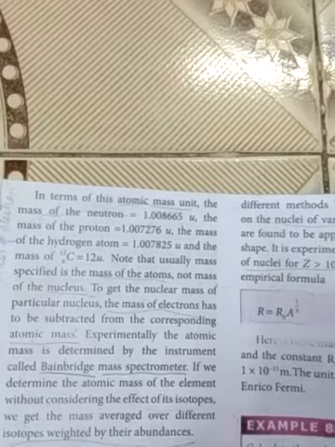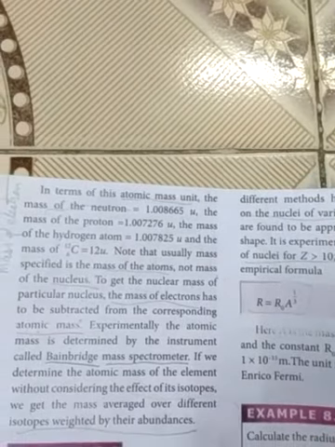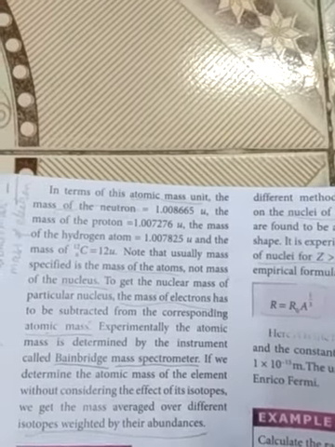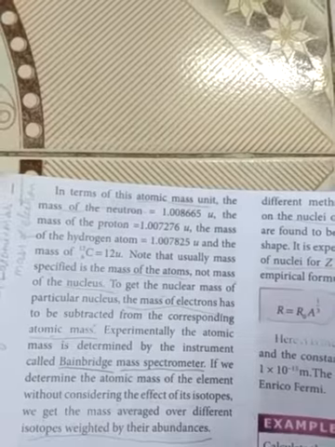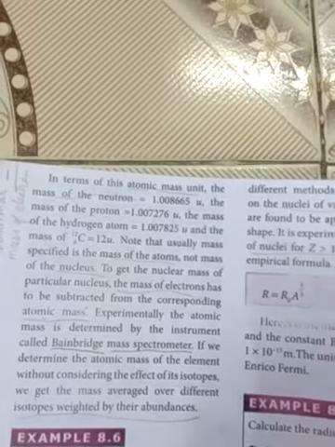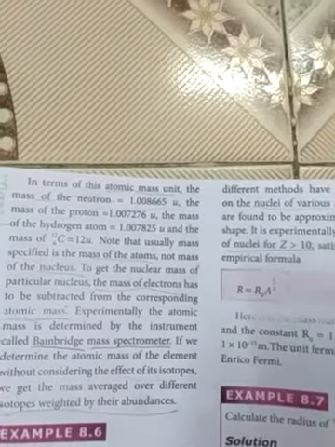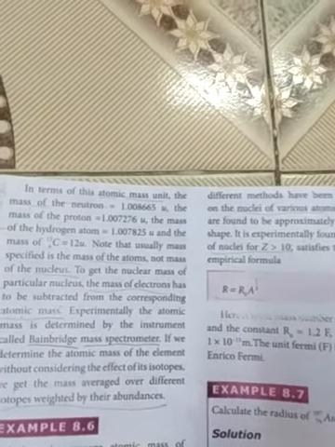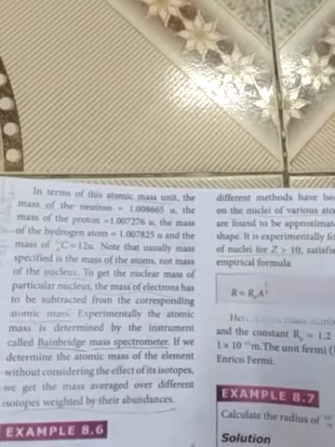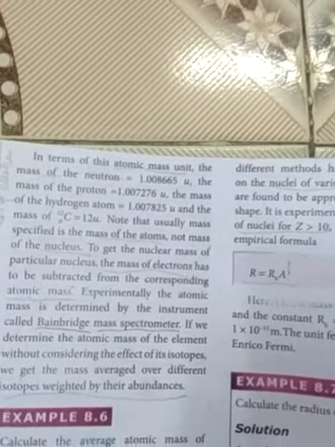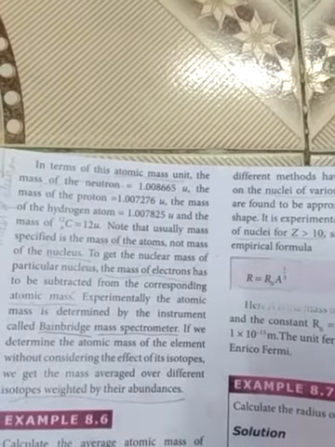Note that the usually specified mass is the mass of the atoms, not the mass of the nucleus. To get the nuclear mass of a particular nucleus, the mass of the electrons has to be subtracted from the corresponding atomic mass. Experimentally, the atomic mass is determined by the instrument called the Bainbridge mass spectrometer.